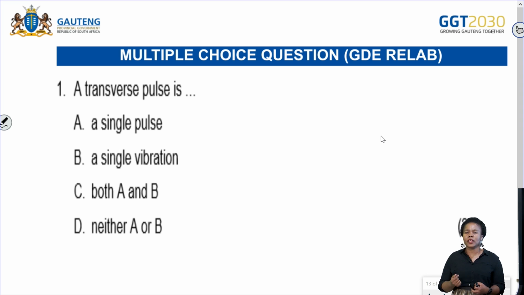So a transverse pulse is a single pulse. Remember, pulse is a single disturbance. B, a single vibration. C, both A and B are correct, or neither A nor B. So the correct answer is C, both A and B, because it is a single pulse, it is a single vibration. All right.